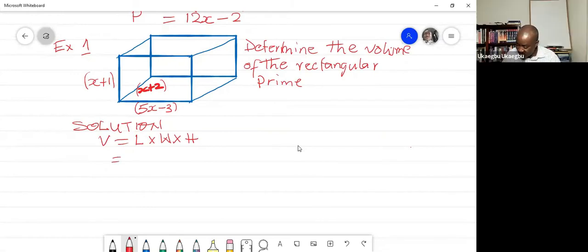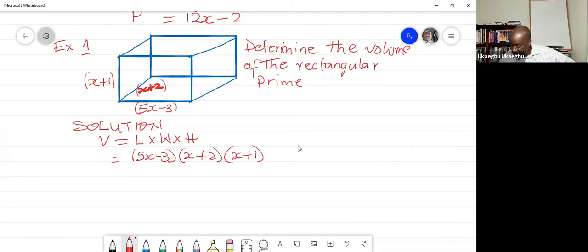So the length is 5x minus 3, and then the width is x plus 2, and then the height is x plus 1. Okay, so you see, I made this a little easy.